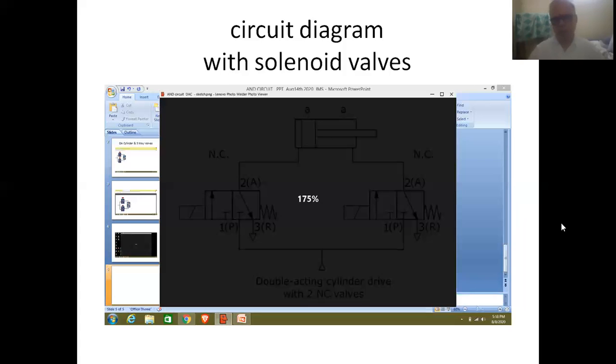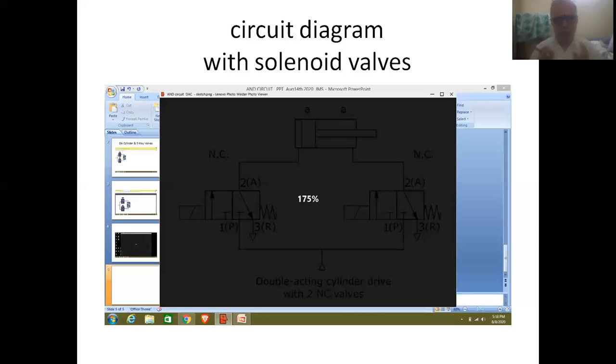So friends, these are the applications of these cylinders. The cylinders on one hand can be used for moving tools of the machine in forward and backward directions. And secondly, with the help of a connecting rod mechanism, these cylinders can also be used for rotating spindles of various machines.